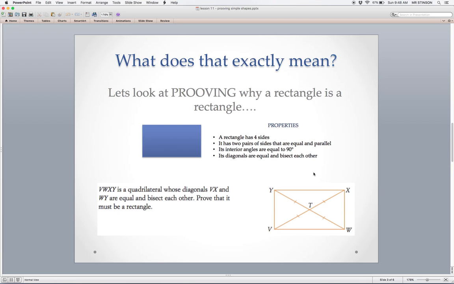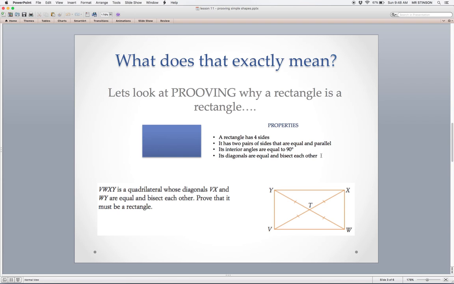So simply, looking again at the properties of this rectangle, that it has four sides, now that's true. That it has two pairs of sides that are equal and parallel, likely, but we need to prove it, we haven't been shown this. That its interior angles are equal to 90 degrees, again, it's likely, but we haven't actually been shown this.